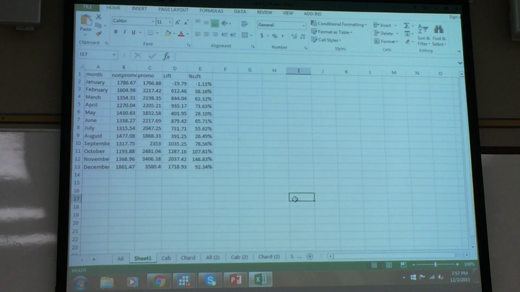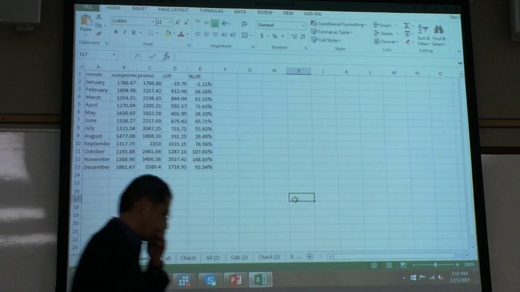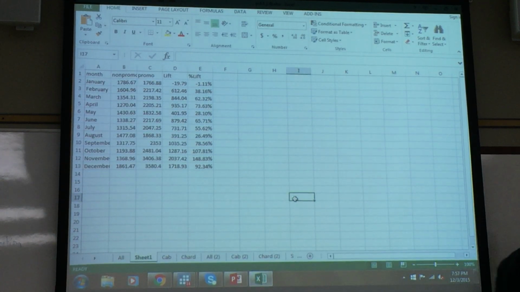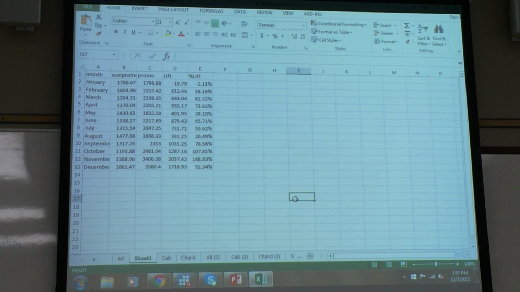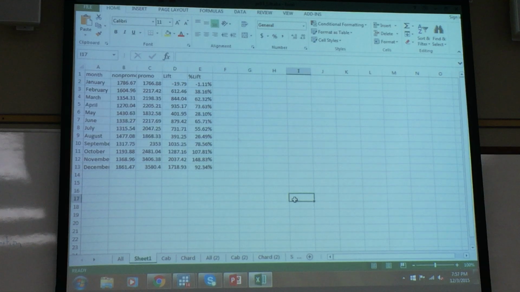How does it compare to others? I don't know. Well, we'll have to look at that. But the nice thing about the percentage is that you can think of that almost as an ROI.